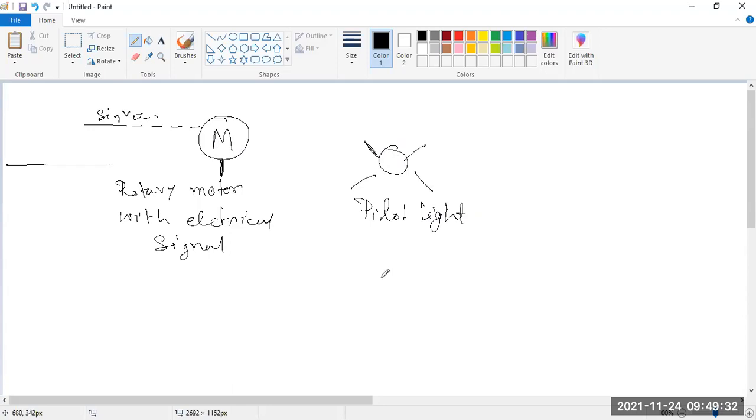Your start button is there; whenever you push it, it glows. So this is a pilot light, because it is also indicating. Okay, and if there is a KI, then it is called a clock.